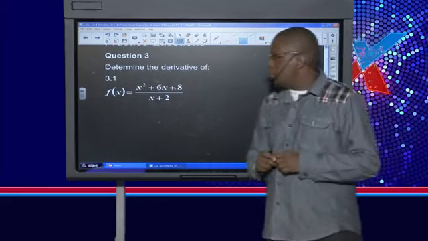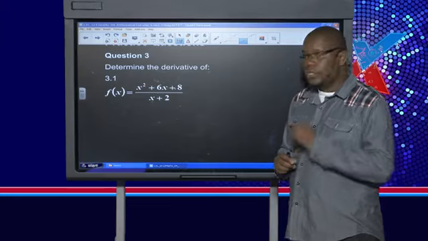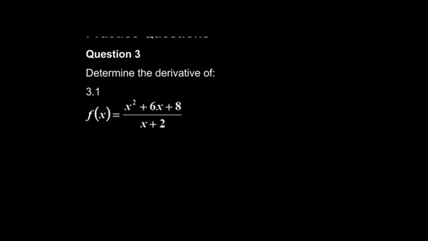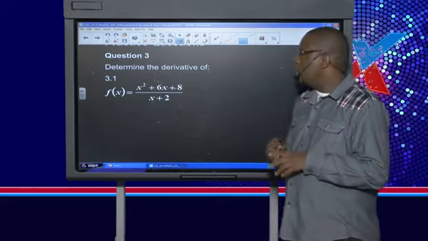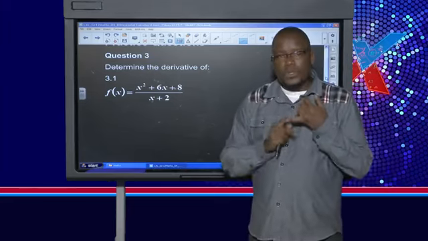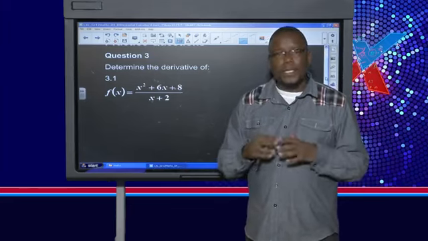Right. Now, we're going on to our question 3. You need to find the derivative of this function. One of the rules that we spoke about at grade 12 level, okay? We don't want to see our x being the denominator.